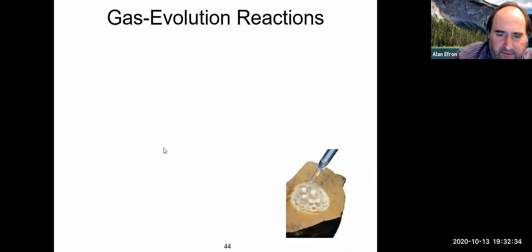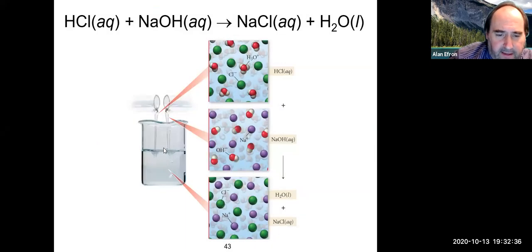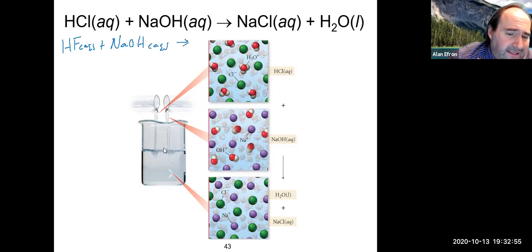Now, just to show you what happens if we don't use a strong acid and strong base, but perhaps if we had a weak acid. So let's just say we did have HF plus our sodium hydroxide. In this particular case, it is still going to be a double displacement reaction, positive, negative, positive, negative.